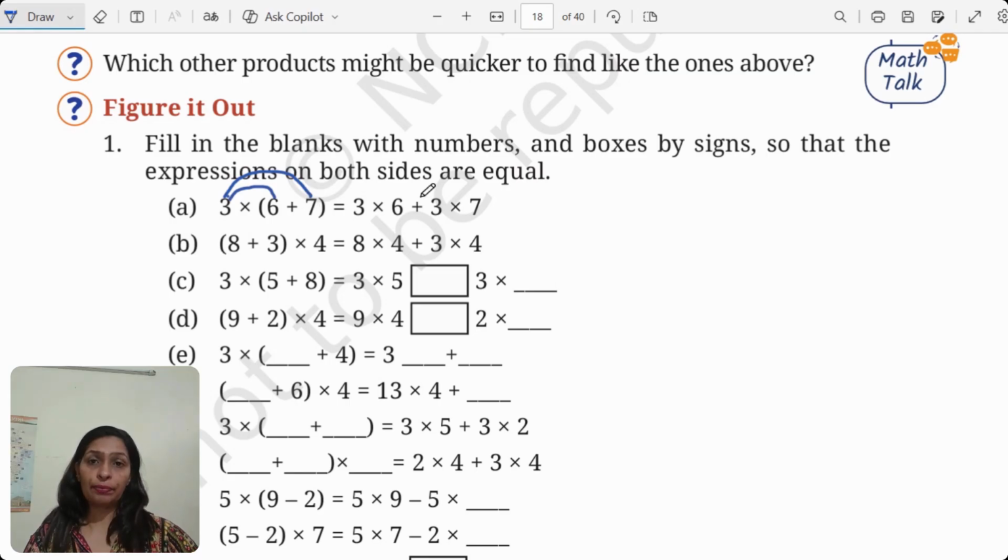Okay, most of the time we observe that students just multiply the outside number with only the first number, but they forget to multiply the same outside number with the other ones also. So make sure whenever any number is outside and we are taking it inside, it is going to be operated on all the numbers that are there, right?